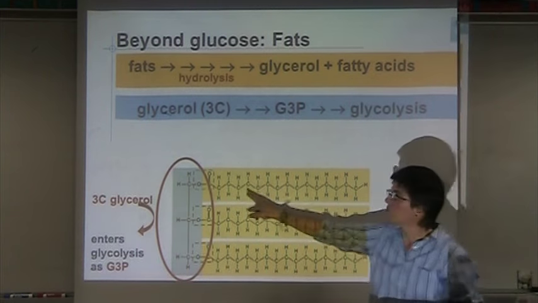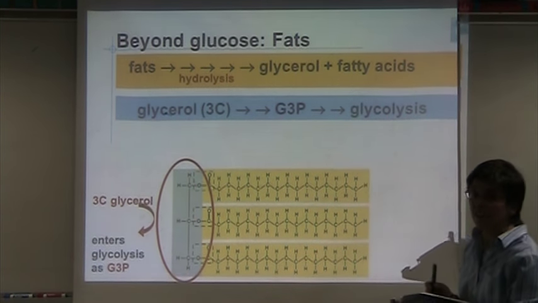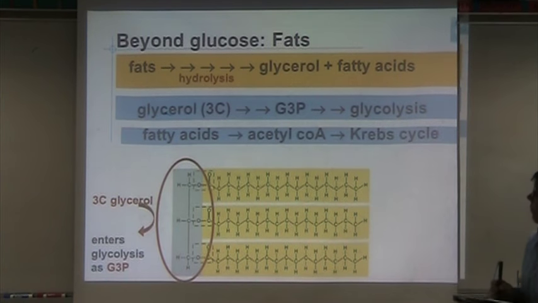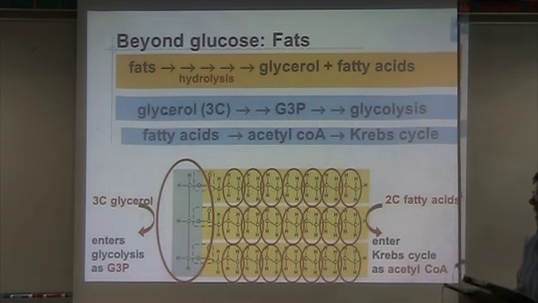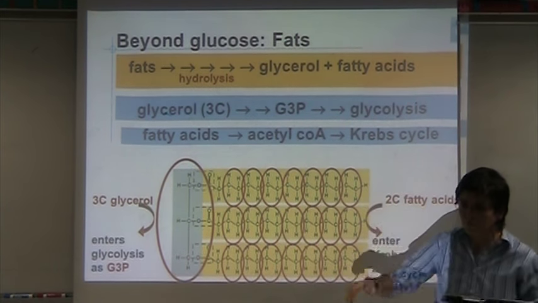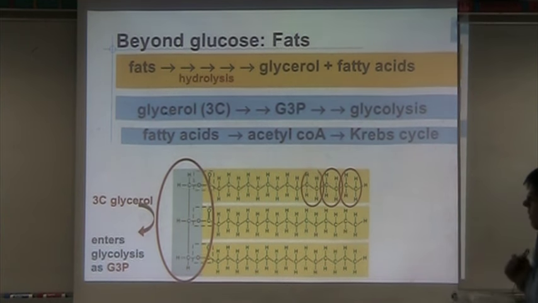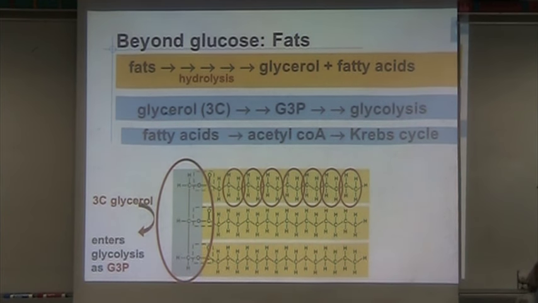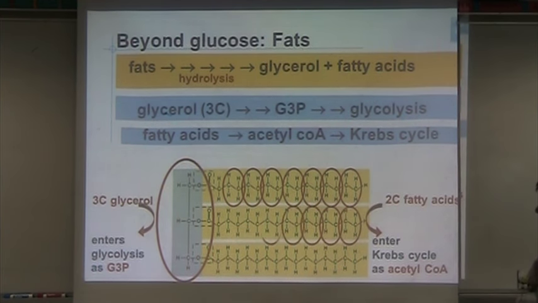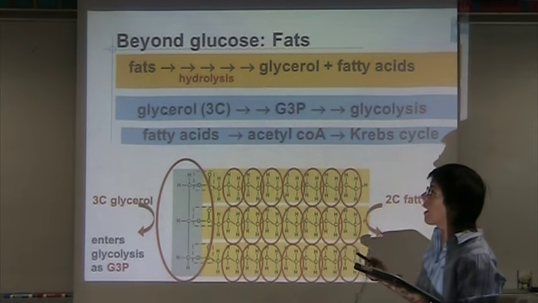Guess what happens to these long chains of fatty acids? Ready? This is scary. They are broken up. Let's make it more dramatic. Ready? Right there. Check it out. What's happening? Each one of them is breaking out into twos. 2-carbon compounds.